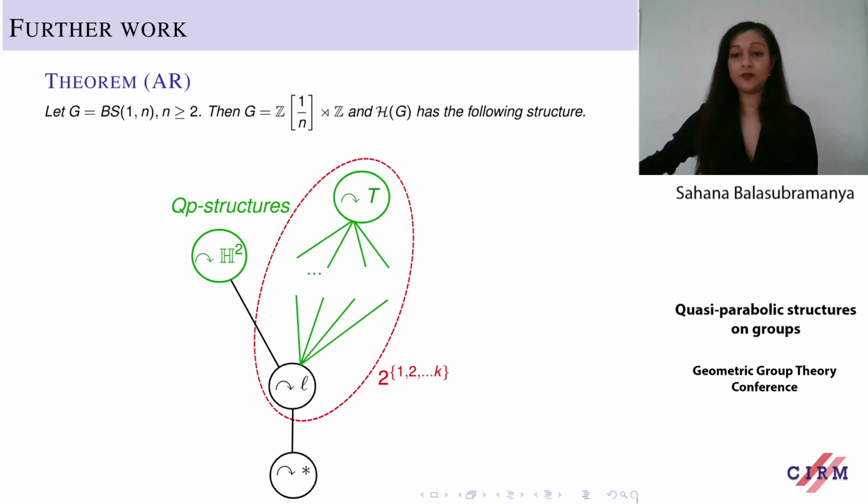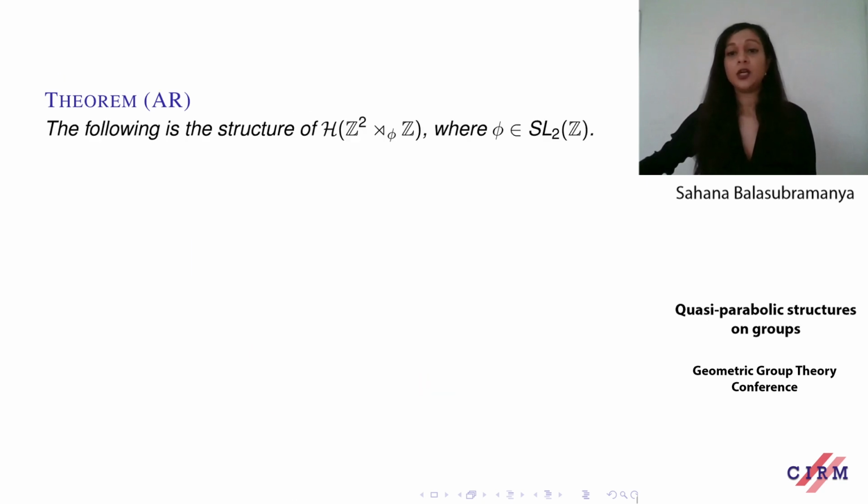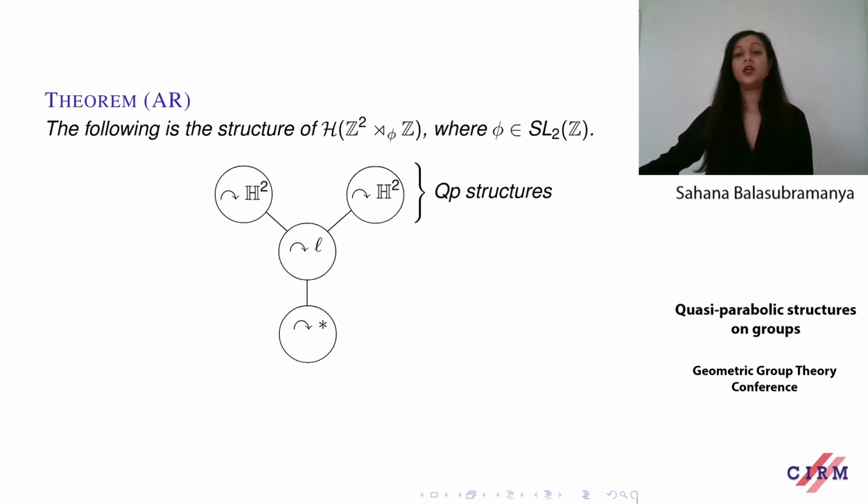And the other result of theirs that I'd like to mention is the classification of hyperbolic structures on the group Z square semi-direct product Z, where this extension is defined by a matrix from SL2Z. So it's a 2 by 2 matrix of determinant 1. And it turns out this is the structure we get.